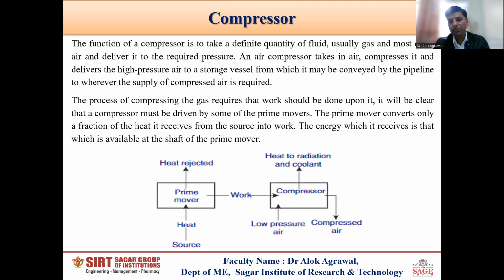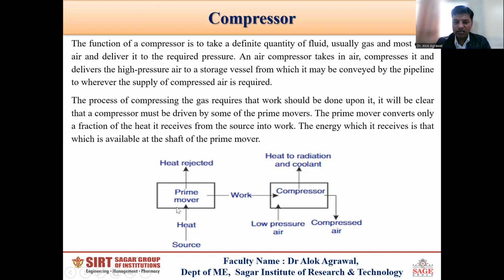So, work is done upon the compressor to operate it, which can be seen with this line diagram. It is done by a prime mover. How does the prime mover work? It takes energy from the source in the form of heat, does some work, and rejects some heat. This work, which is the difference of heat added to the system and heat rejected, is transferred to the compressor.